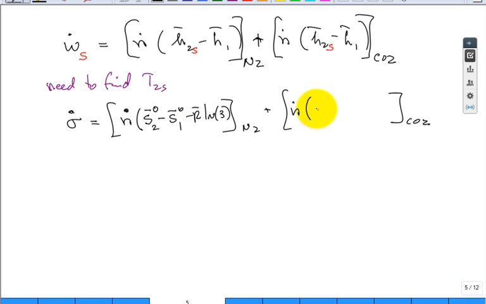And then this one is S bar naught 2 minus S bar naught 1 minus R bar natural log of 3. Hopefully that all makes sense. I think I need another parenthesis. Yeah, too many parentheses. Close this one, square. Close this one, square. I think that's right on the parentheses now.